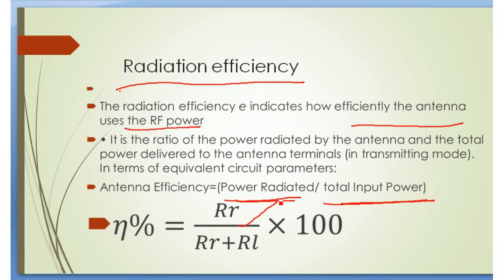Of course, how much power you are going to transmit for an antenna and how much power antenna is going to radiate. So for this, the radiated resistance capital R suffix small r, divided by capital R small r plus RL. This is your resistance because of heat which is going to be lost. This should be very low. This is very important.